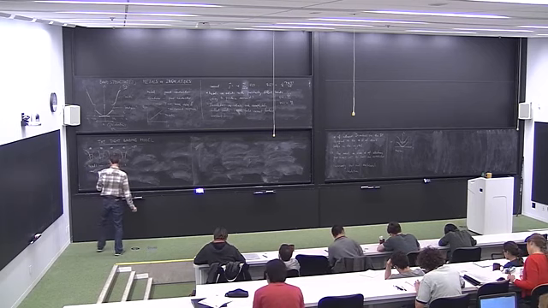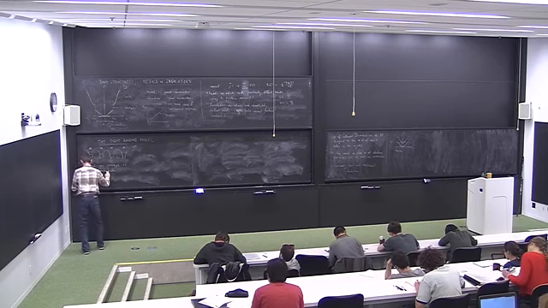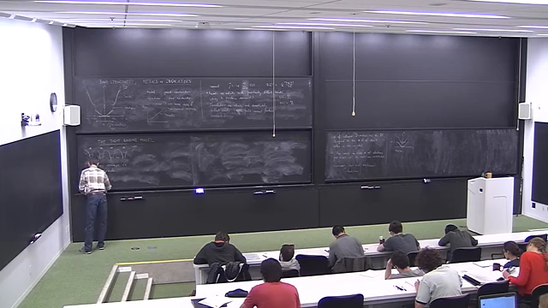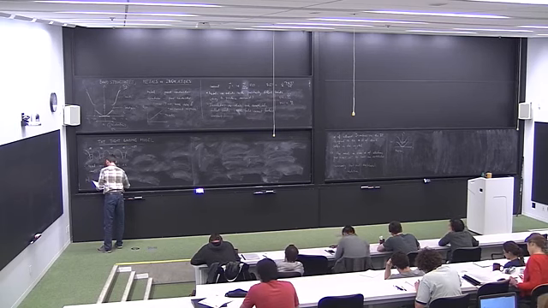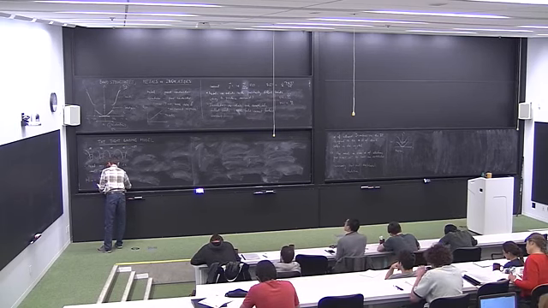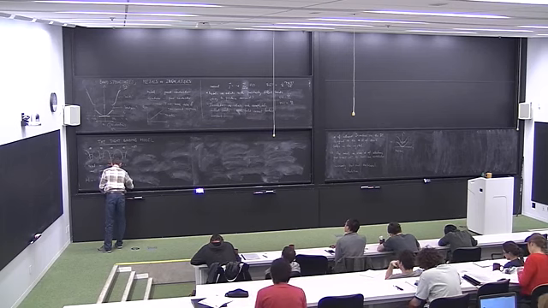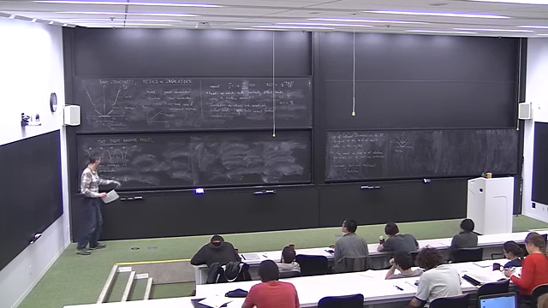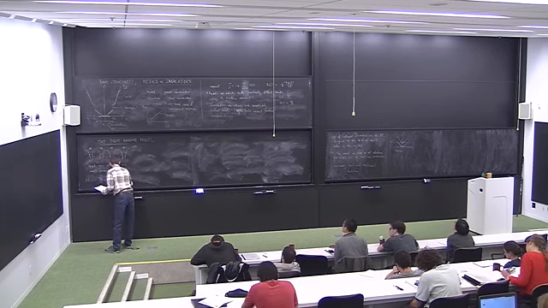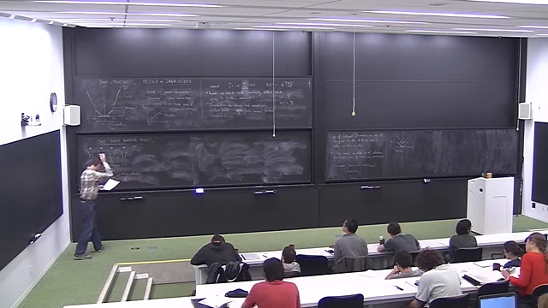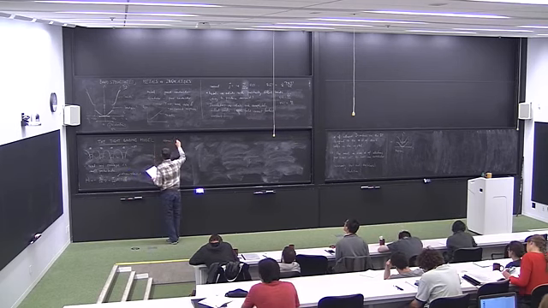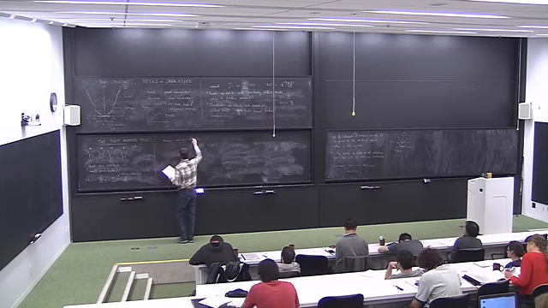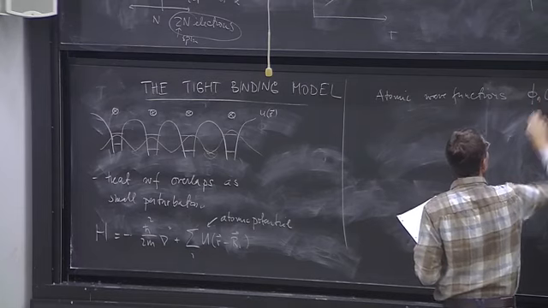So to write down some equations, let's write the Hamiltonian for a single electron in this situation as minus h bar squared over 2m Laplacian plus, and we write this periodic potential as simply a sum over all the atomic potentials. So this U of r is just a potential associated with a single atom. Okay. And then let's consider atomic wave functions, and let's call these phi n of r.